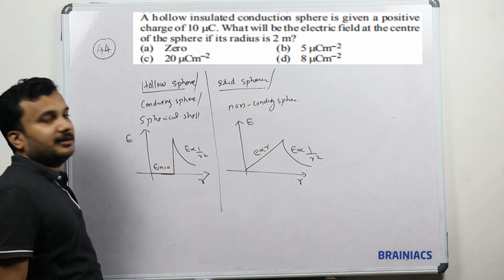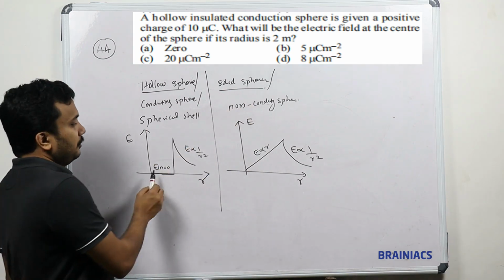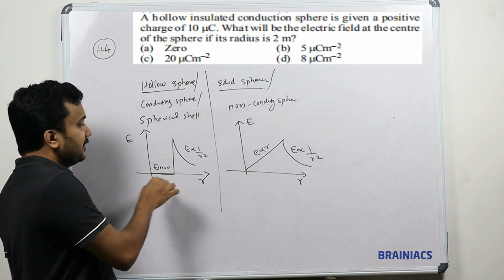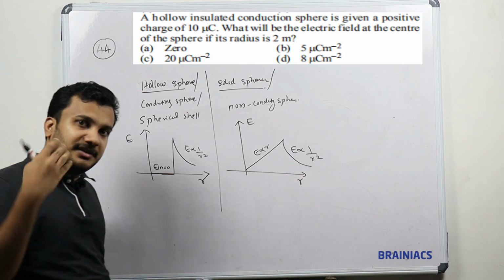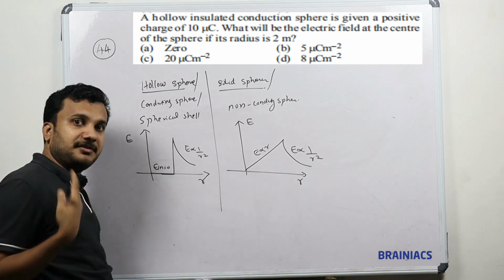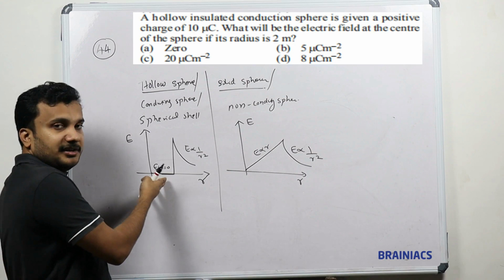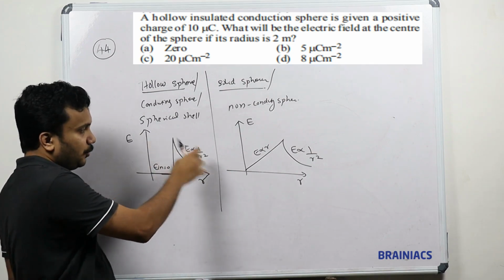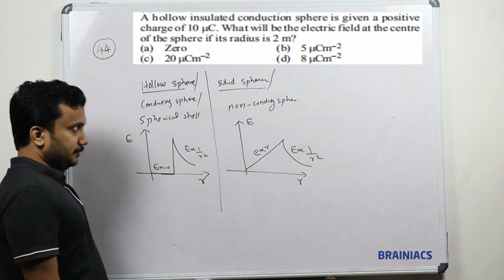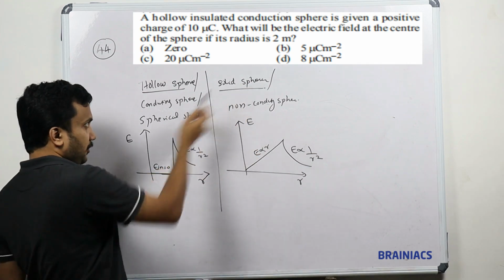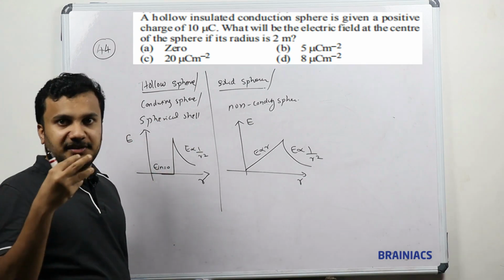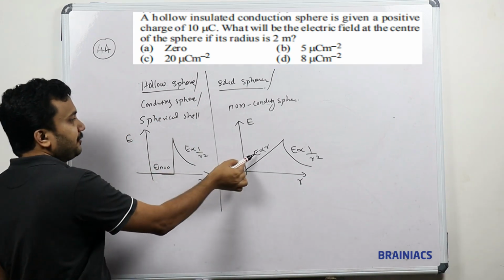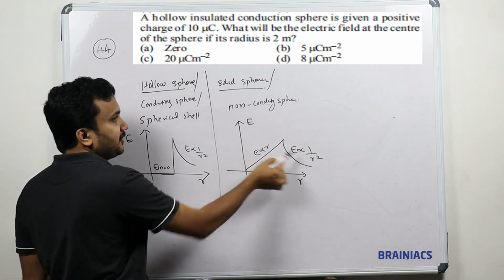The electric field intensity inside a hollow sphere is 0, because inside there are no charges. We already described the detailed theory in the previous videos. So there is no electric field inside, only at the surface and outside. This is a surface point. But in case of a non-conducting sphere or a solid sphere, which is filled inside and not empty, electric fields are present inside, at the surface and outside.